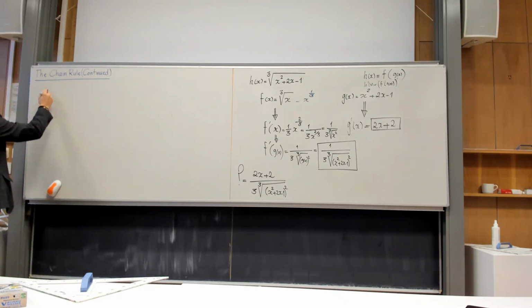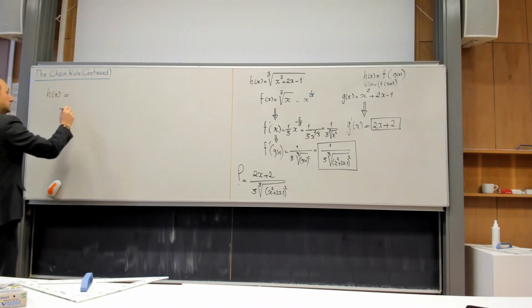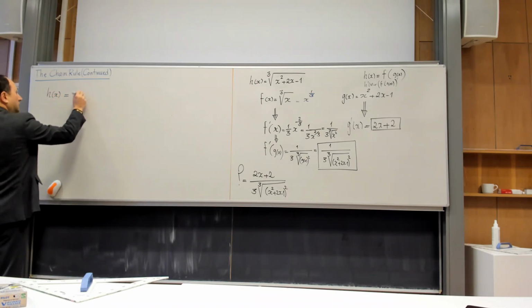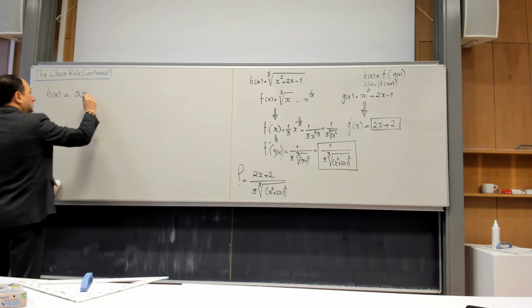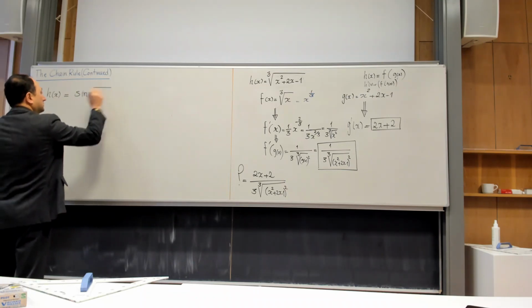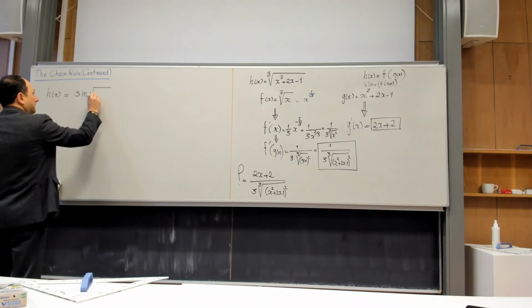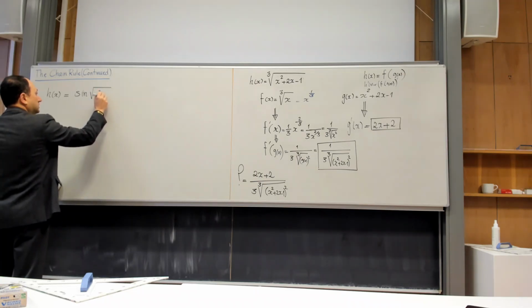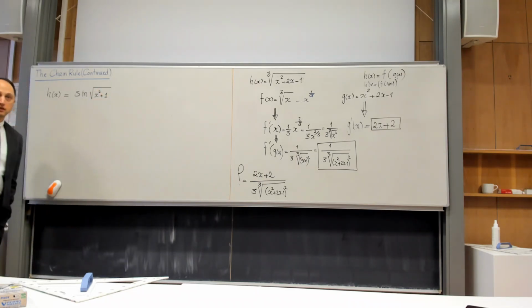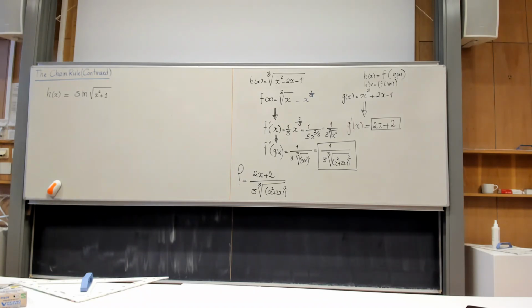For example, if I give you this function, h of x equals sine of the square root of x squared plus 1. We don't know how to do it right now. My goal is not to differentiate it right now, but my goal is different here. So how many functions here are involved to be composed?